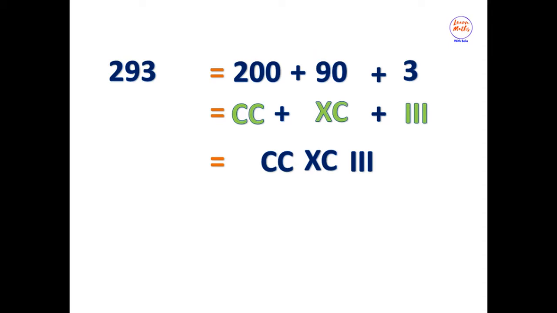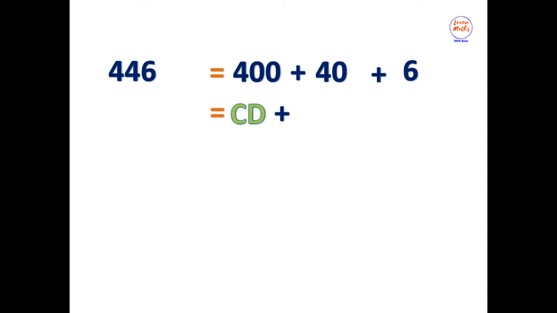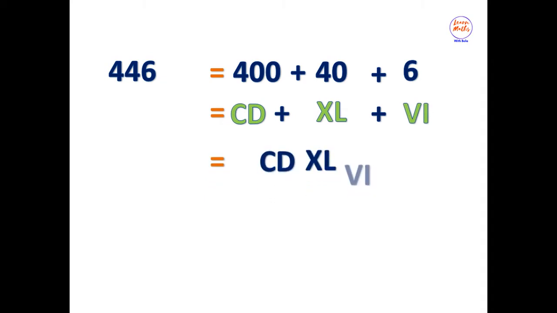And the funny thing about mathematics is, even if you don't do it the right way, you get an answer. But if you want to get the correct answer, you have to follow the instructions. So let's try 446 together. 400 plus 40 plus 6. Then the 400 is CD. The 40 is XL. Then the 6 is VI. So let's write them together, removing the addition sign.